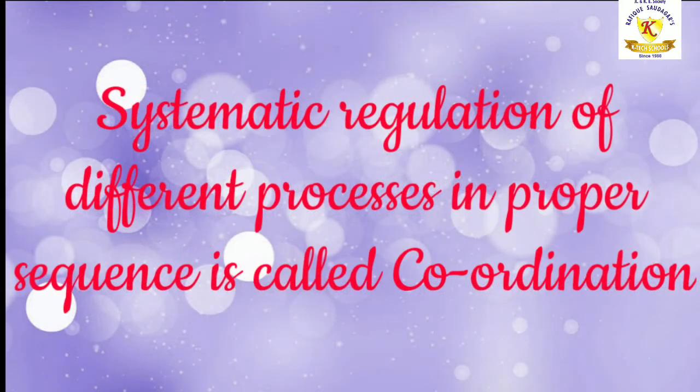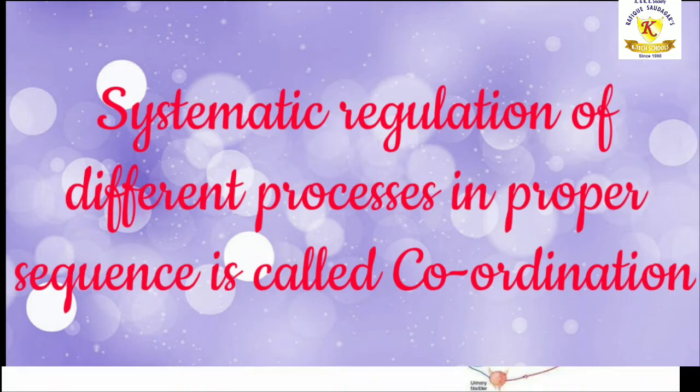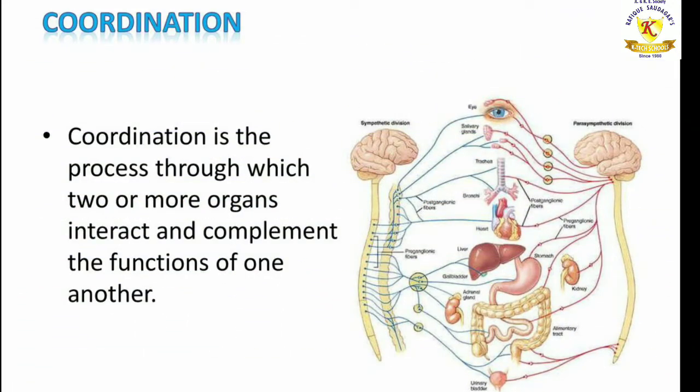So depending on this, the systematic regulation of different processes in proper sequence is called coordination. Coordination is the process through which two or more organs interact and complement the function of one another.